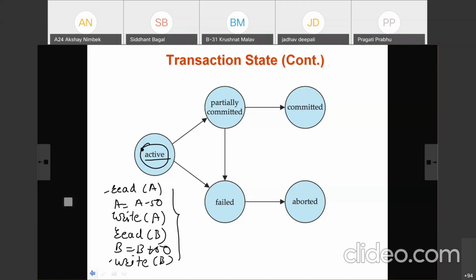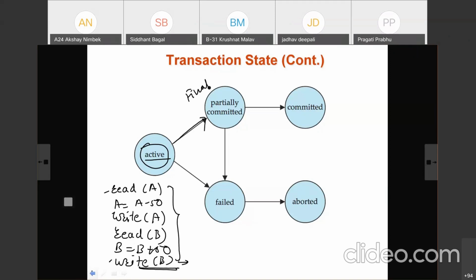Is it clear to everyone what is the active state? From the first instruction to this last instruction, the transaction is in the active state. Now, when the final instruction is executed, this write B, the transaction enters the partial committed state.